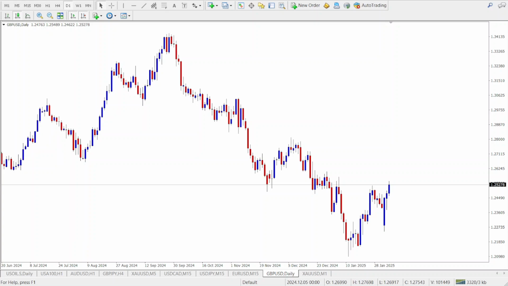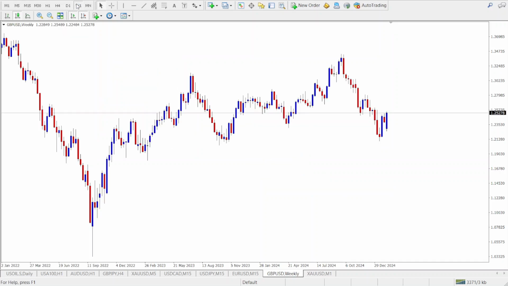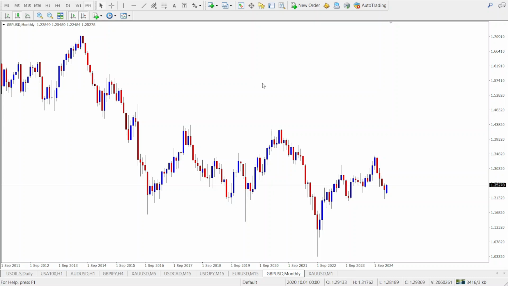Now, long-term trading is all about holding positions for weeks, months, or even years based on strong market trends and solid fundamentals. Unlike day traders or scalpers who focus on short-term price movements, long-term traders focus on higher time frames like the daily, the weekly, and the monthly charts.